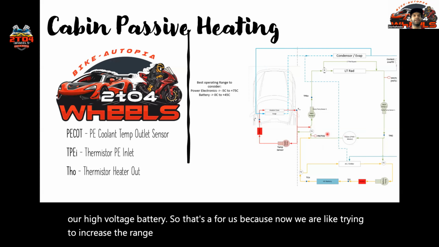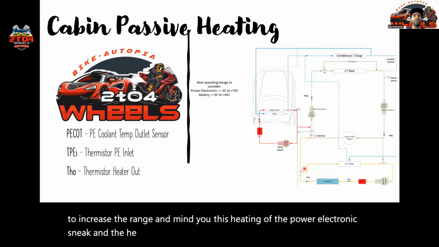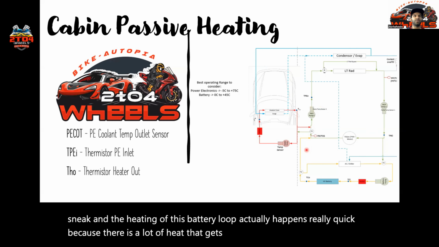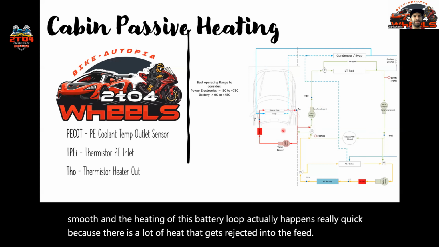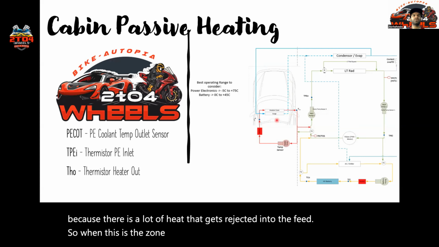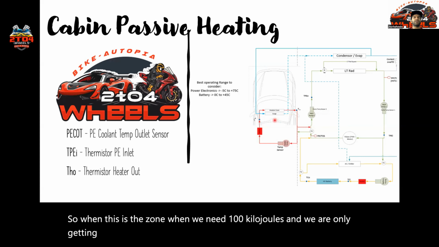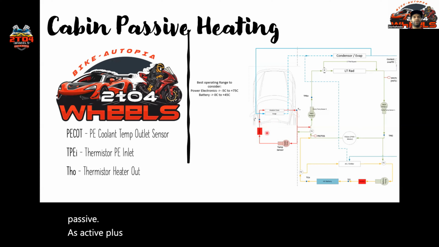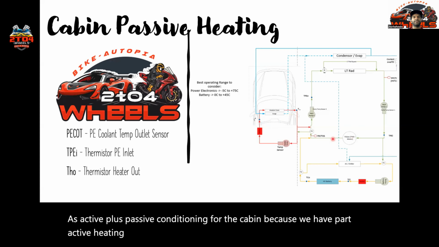And mind you, this heating of the power electronics loop and the heating of this battery loop actually happens really quick, because there's a lot of heat that gets ejected into the coolant. So when this is the zone where we need 100 kilojoules and we are only getting 50 from the power electronics loop, we call this zone active plus passive conditioning for the cabin, because we have part active heating and part passive heating.